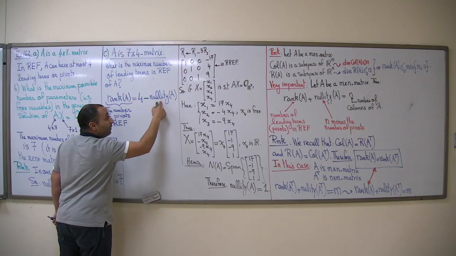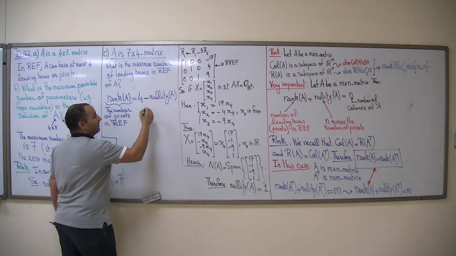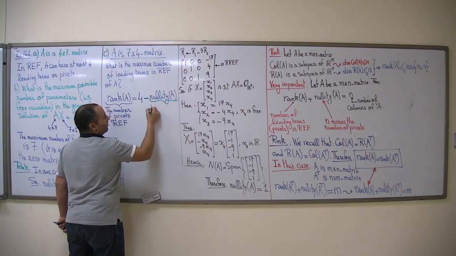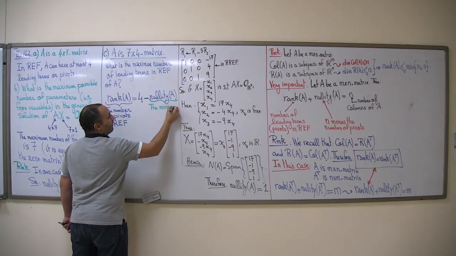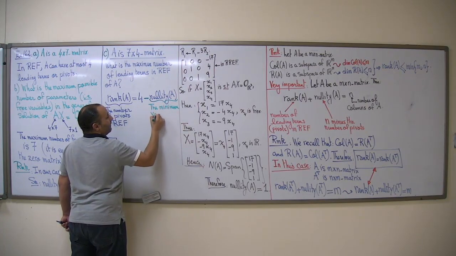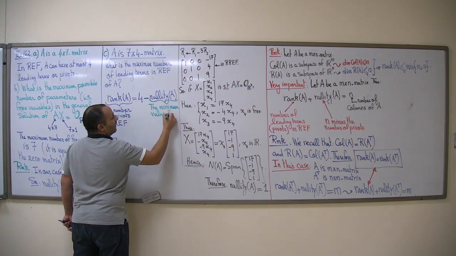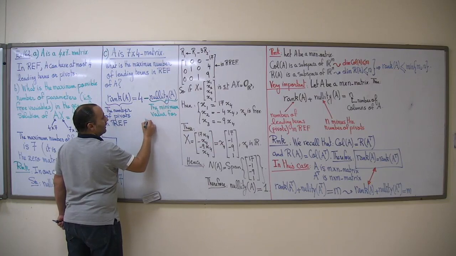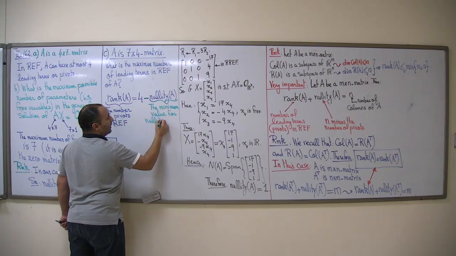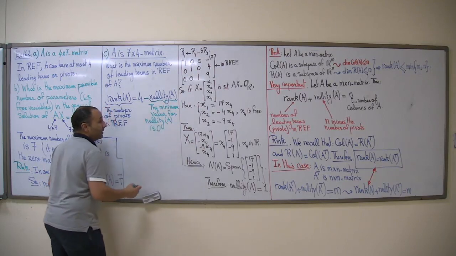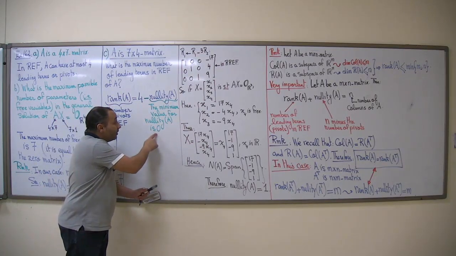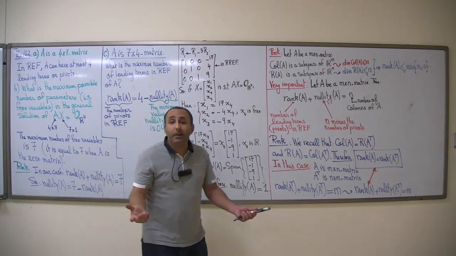And the minimum value for the nullity is 0. And you obtain 0 when you have only the trivial solution.